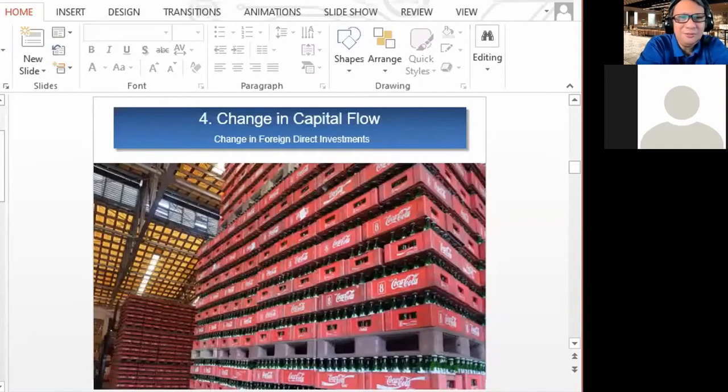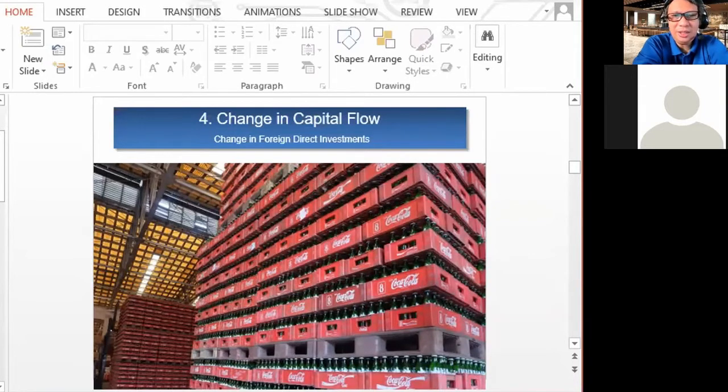Change in capital flow. If you remember, we discussed the balance of payments. Every account in the balance of payments will affect the price of the dollar, the price of foreign currency, because this will affect the supply of the dollar in our economy.